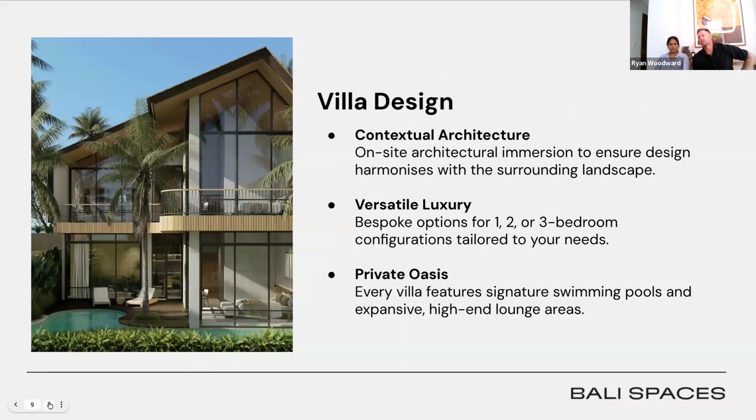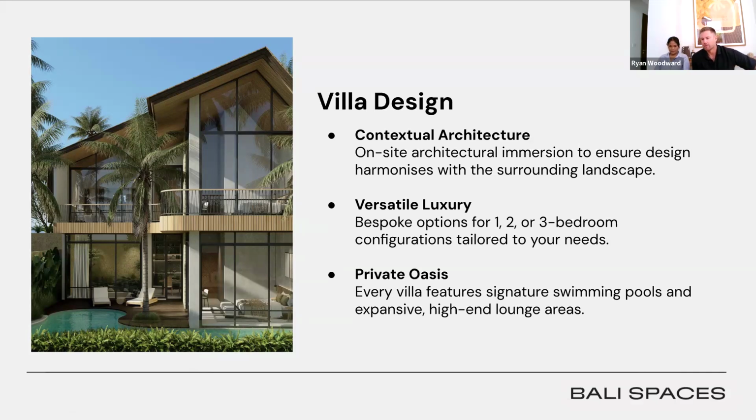Moving on to villa design. The first thing we like to do once we've found our site is I go to site with our architects and just get a feel for the site, a feel for the area. A good example of this would be our latest projects, Nadi and Omar, which is situated by the river, surrounded by rice paddies.